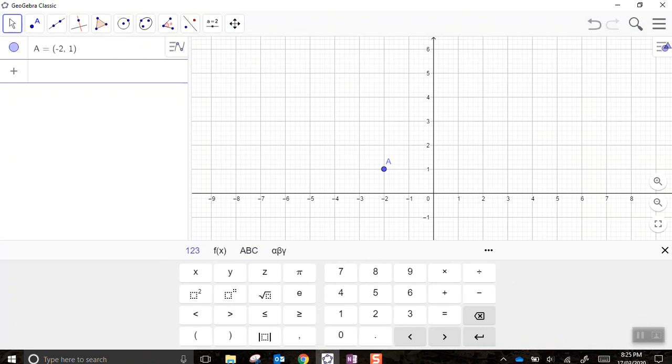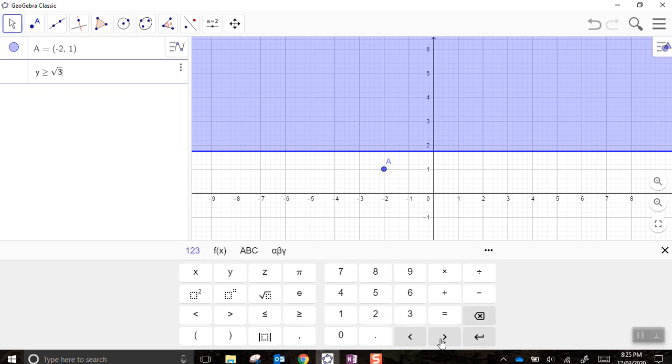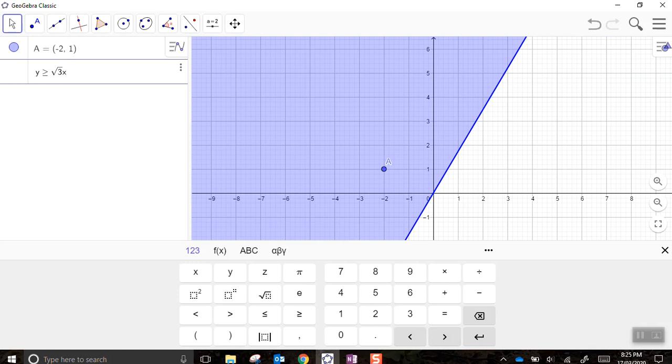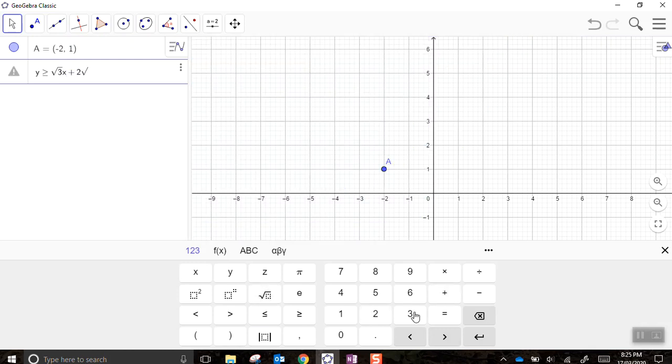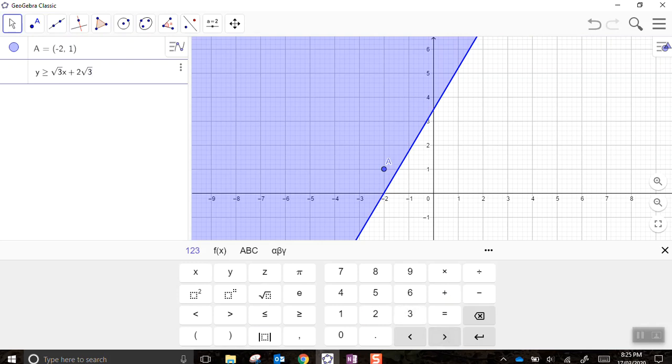The first one was y greater than or equal to root 3 times x plus 2 root 3 plus 1, if I remember, plus 1.